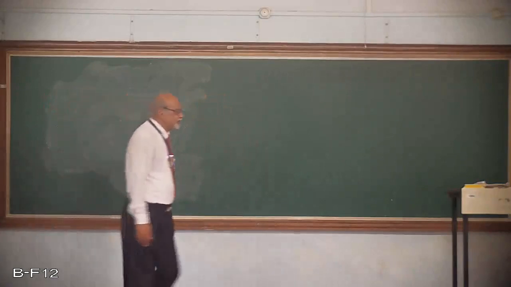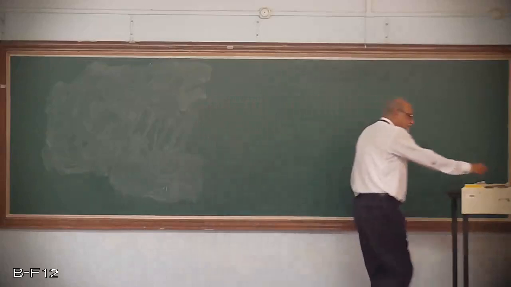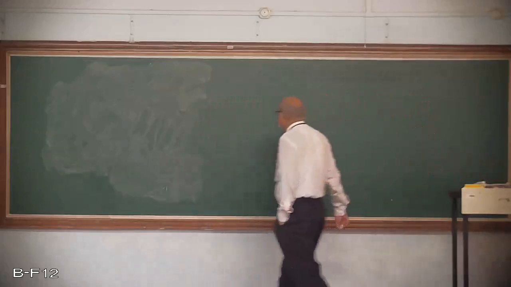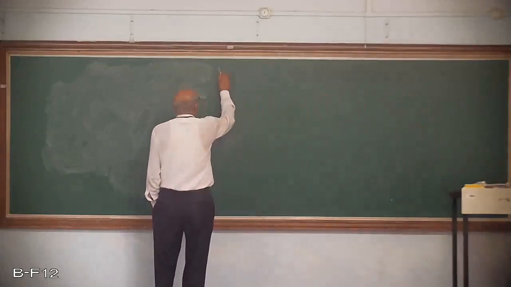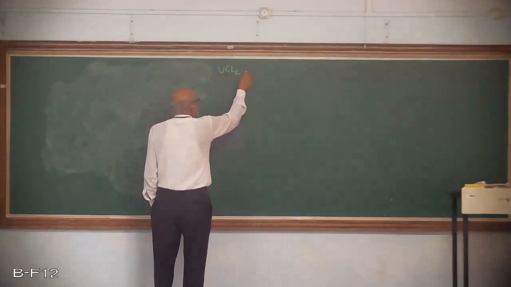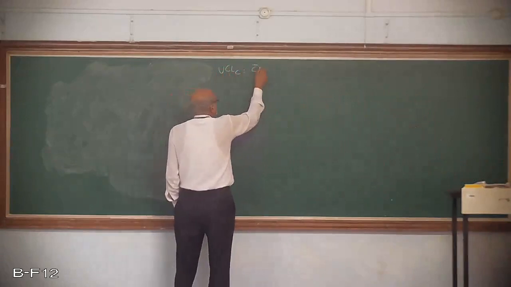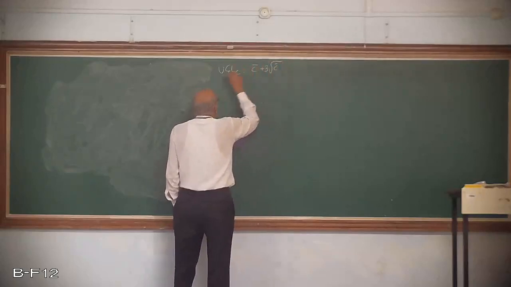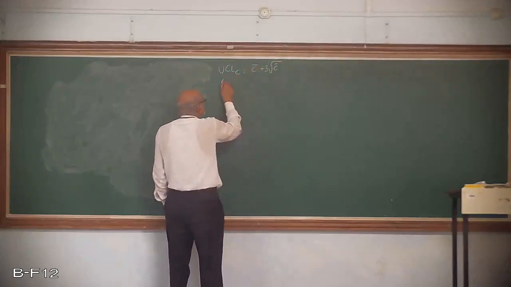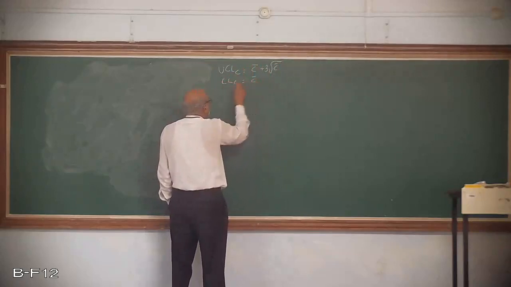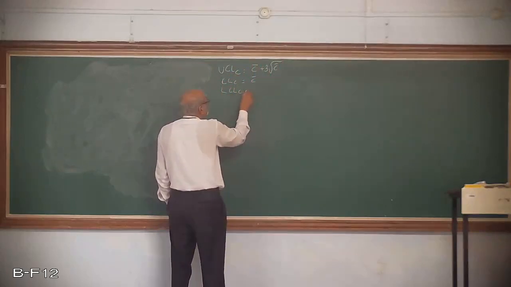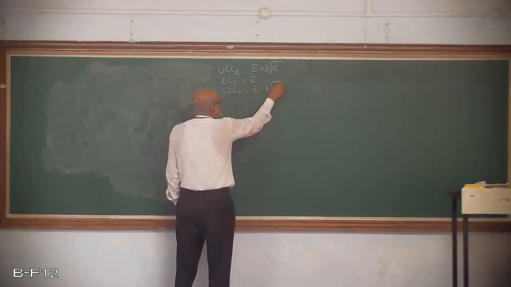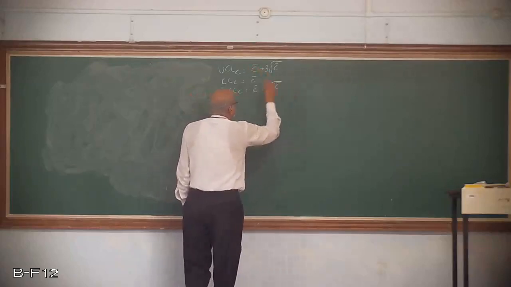So we know that for the C chart, the upper control limit is C bar plus 3 under root C bar, the central line is C bar, and the lower control limit is C bar minus 3 under root C bar.